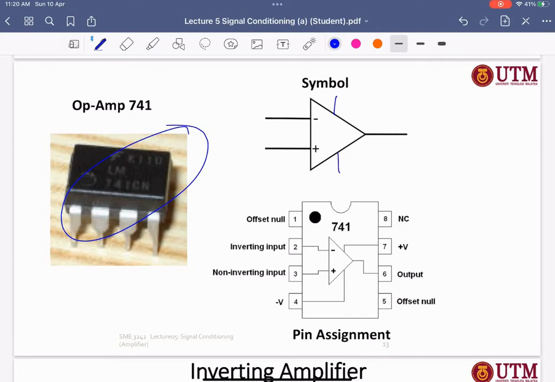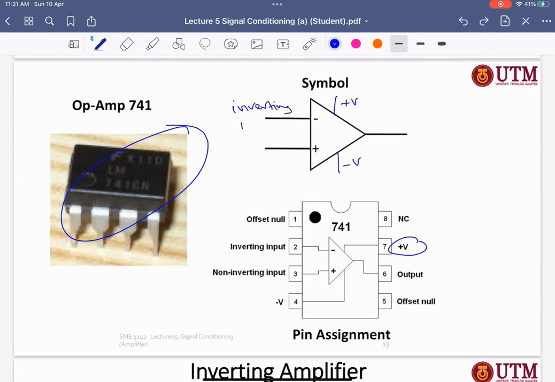All right, this one NC is not connected, right? You don't need to do anything. And then this one where you supply it, it has the positive V and minus V. You also can supply the positive voltage and also negative voltage. Okay. And then it has the inverting input, right? Yep, this one we call the inverting input.